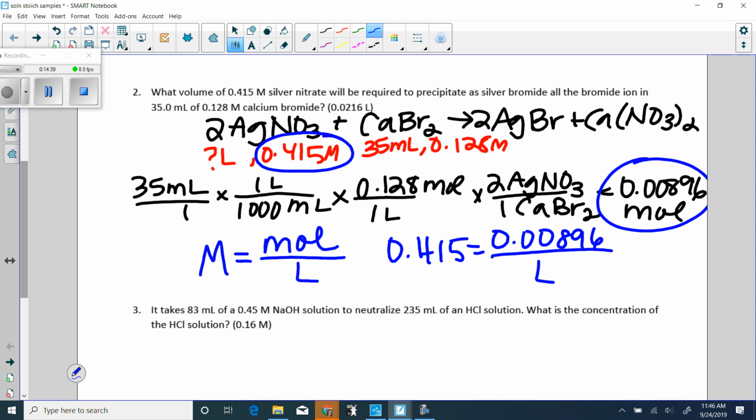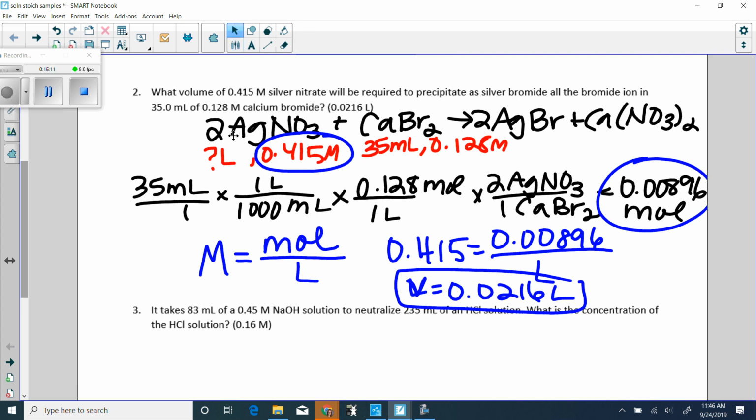We call that cross multiplying. In this case, we would take the 0.00896 divided by the 0.415. Sometimes I do it backwards, and then I need to check. 0.0216. So the beginning fractions are the same.